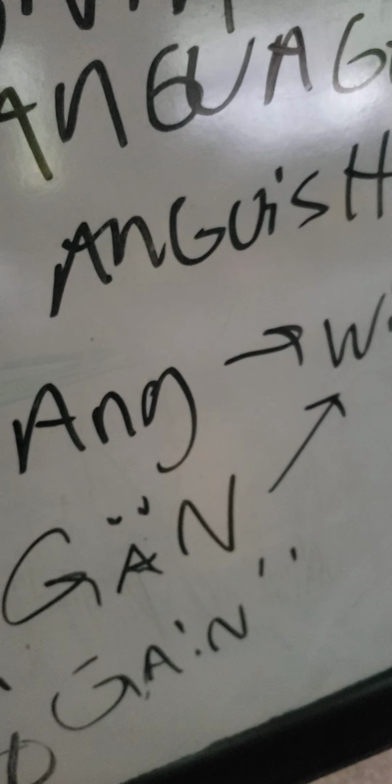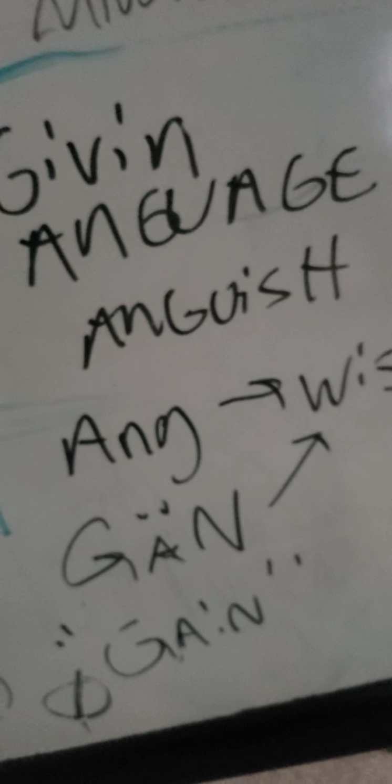Also in language, we also have gain, wish, and ang is also gang. You could look at gain, how we play with the letters, but then we can also see anguish. So we have opposites.